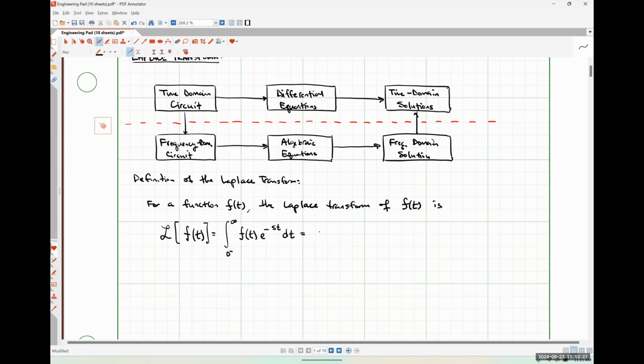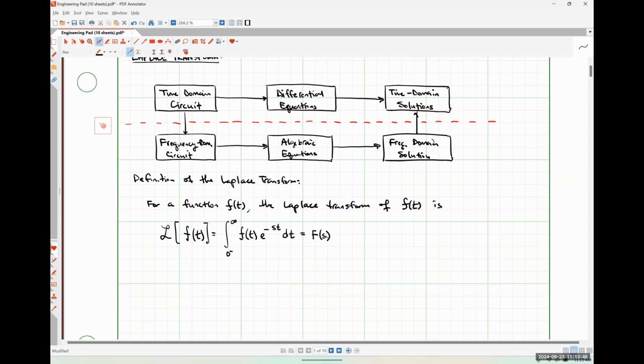And this will give me some function of s. So the capital F is the Laplace transform, capital F in what I'm going to call the S domain is the Laplace transform of a function lowercase f in the time domain.